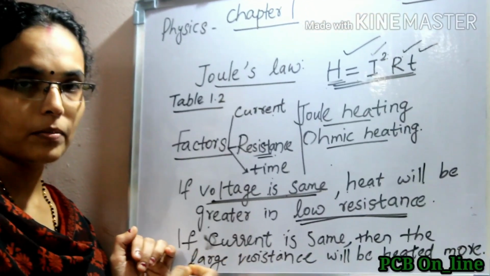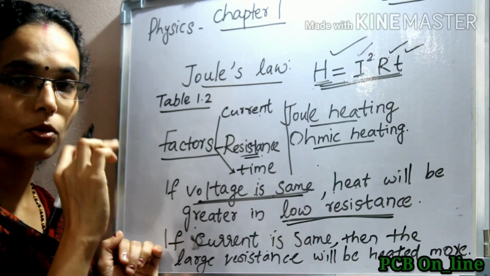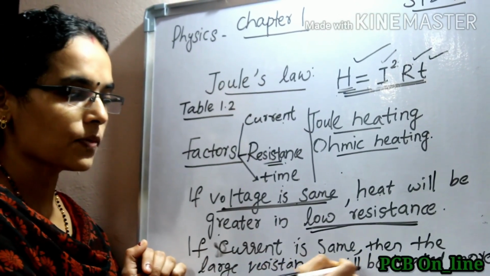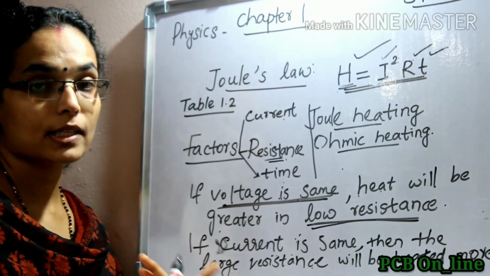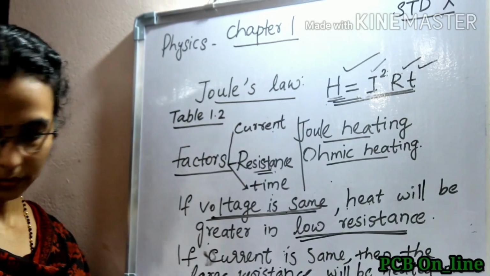If the current flowing through each of them is the same, then the large resistance will be heated more. The resistance with the larger value will be heated more.